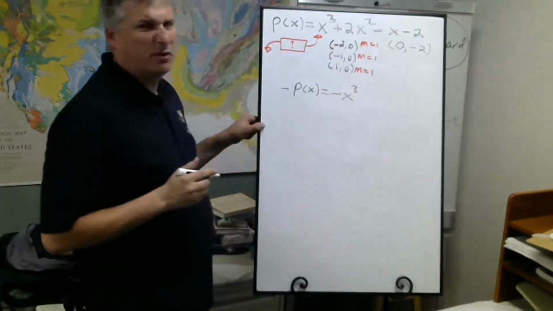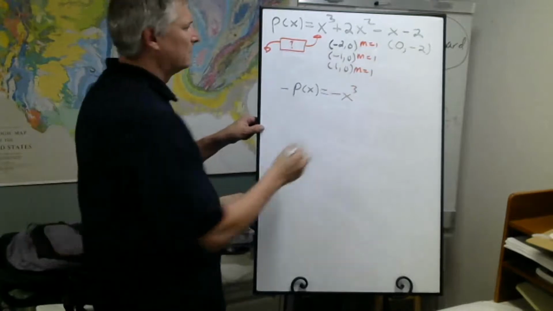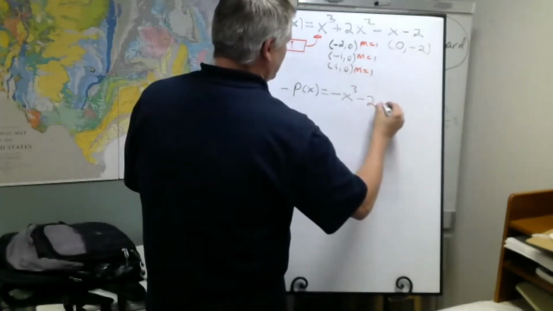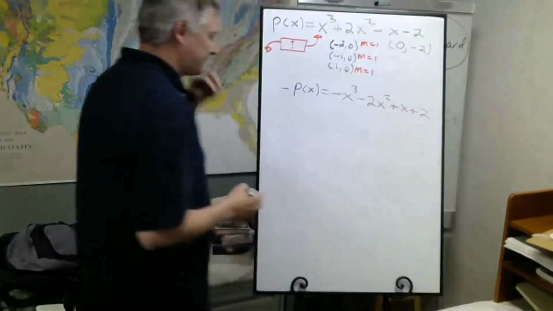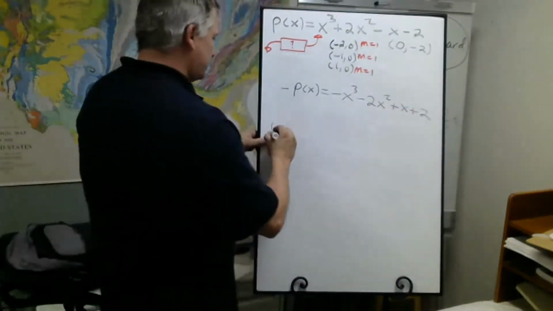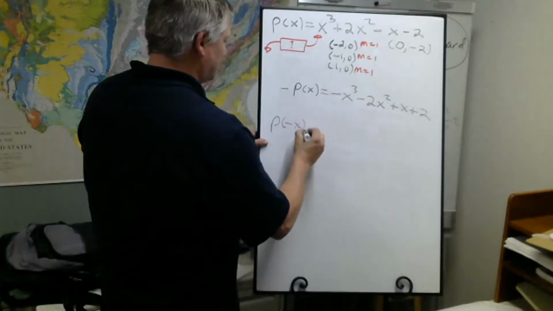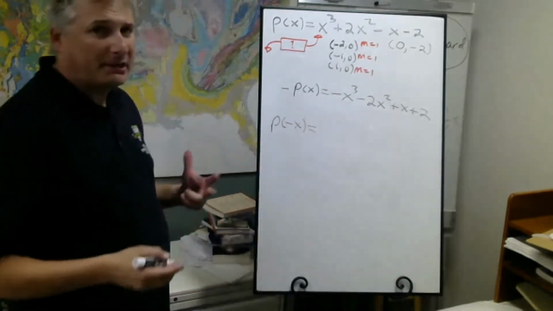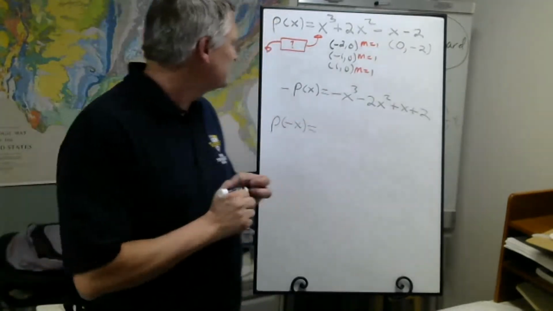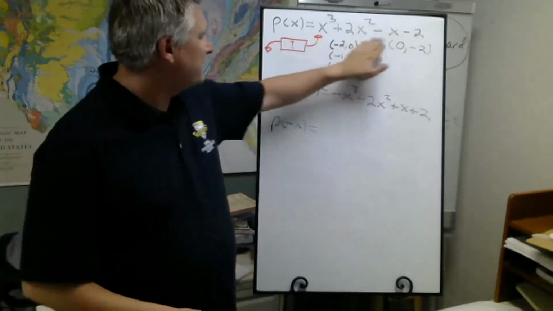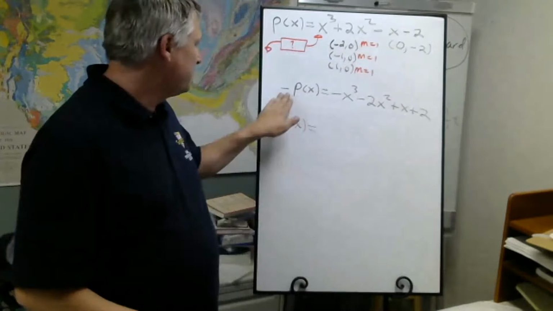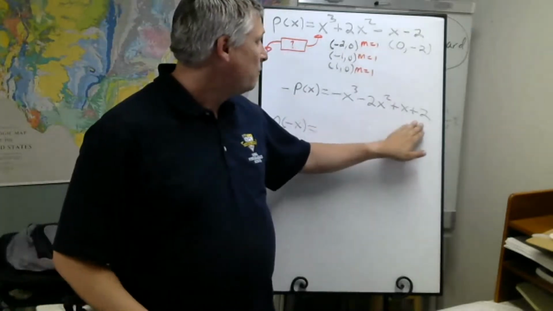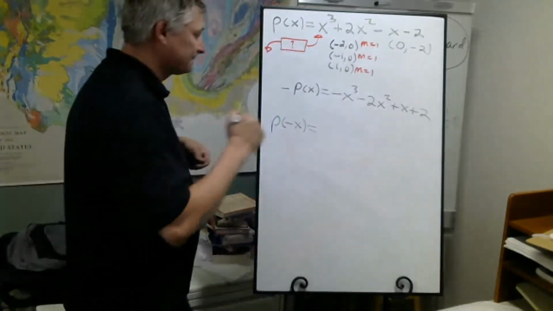Just distribute a negative 1 through the whole thing, so we'll get minus 2x squared plus x plus 2. So when we insert p of minus x and we simplify, if we get p of x back, we have symmetry across the y-axis. If we get negative p of x, we have symmetry across the origin.